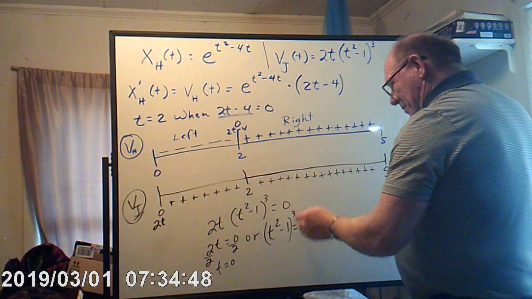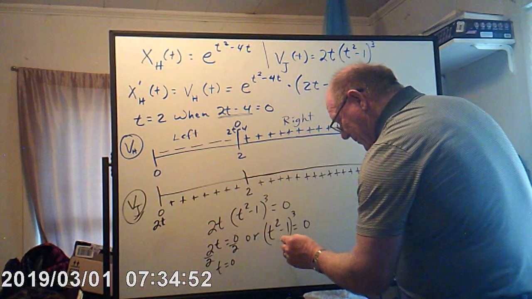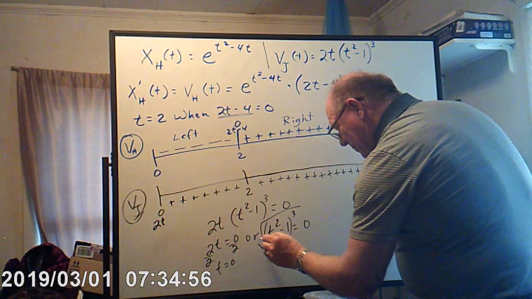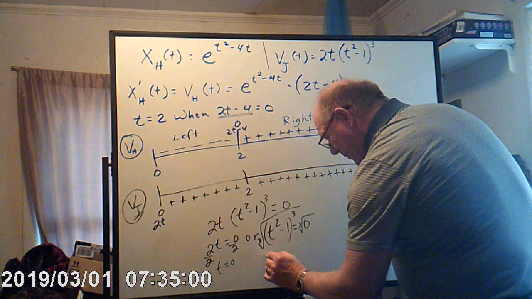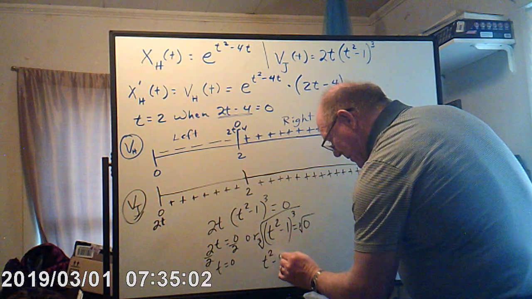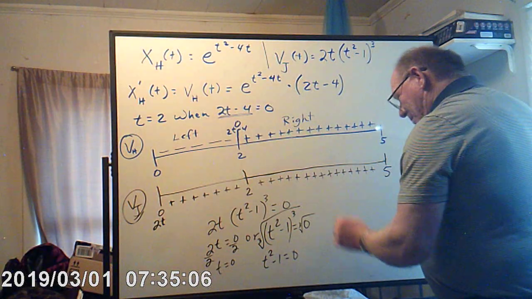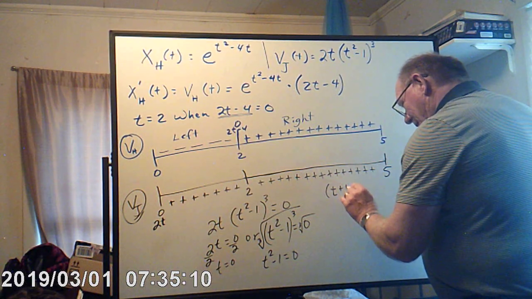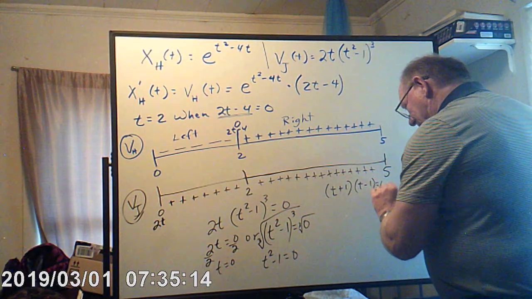Now we also got, we could put cubed up here, but here's what I'm saying. If we take the cube root of both sides, then we just have t squared minus 1. That's really all we're worried about right here anyway. T squared minus 1 is t plus 1 times t minus 1 equal to 0.